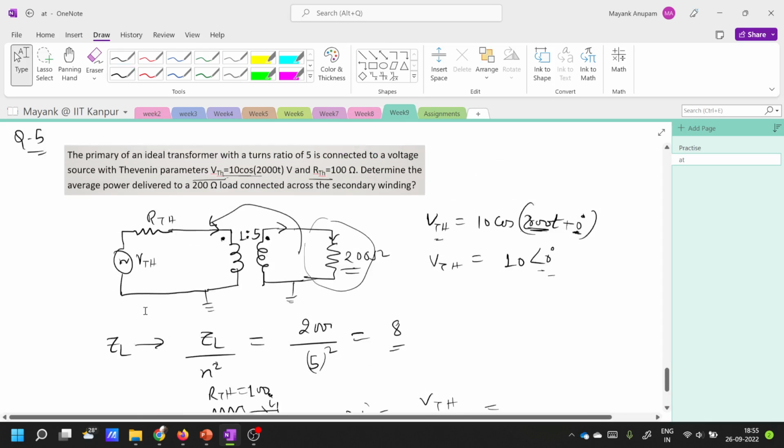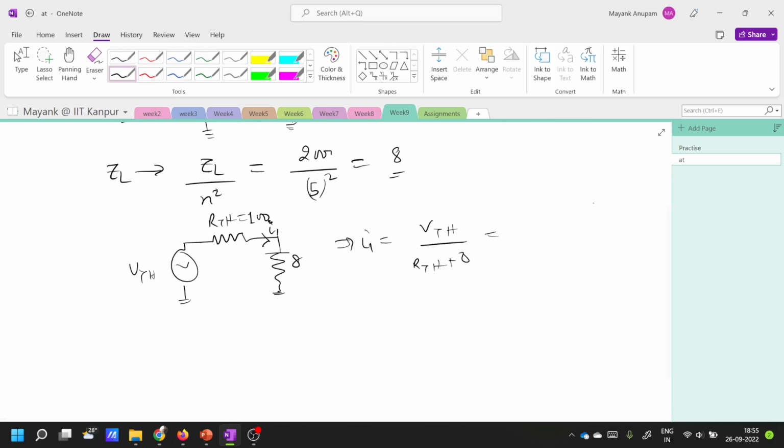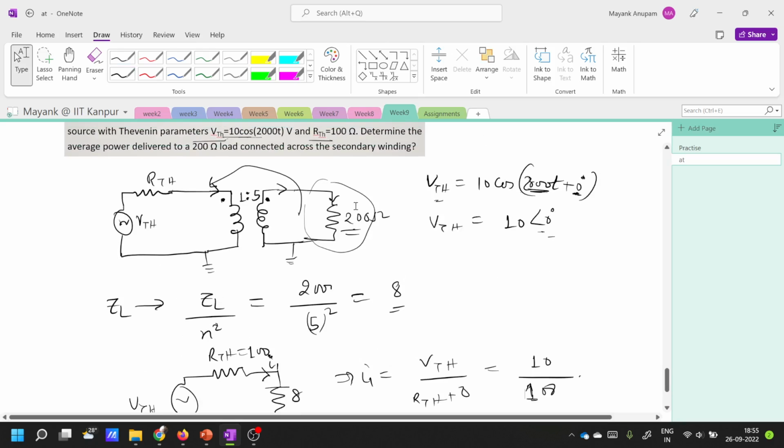So VTH is 10 angle 0. Angle 0 is simply, we do not write it. So this is 10 divided by 108. This is I1, right? And what are we interested to find out? We are interested to find out the power delivered to the 200 ohms.